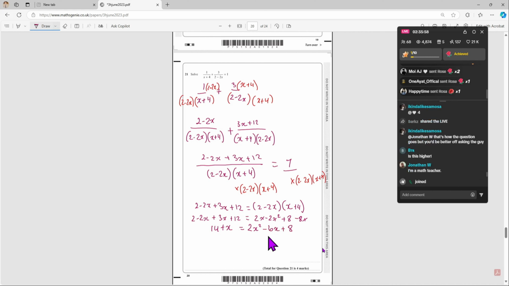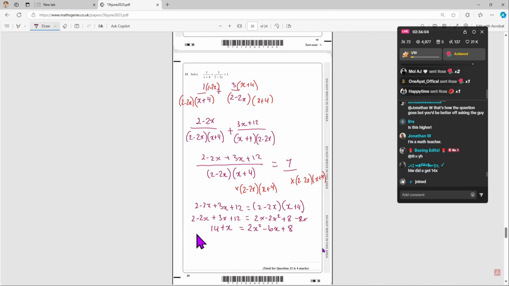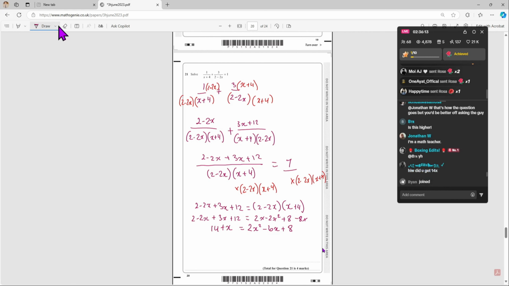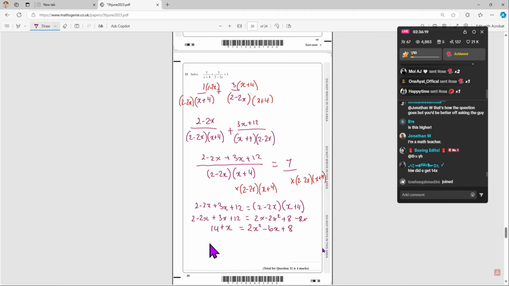Now, once we have done that, we're going to move everything over to this side. How do we get 14 plus x? 2 plus 12 is 14, then minus 2x plus 3x gives us x, okay?